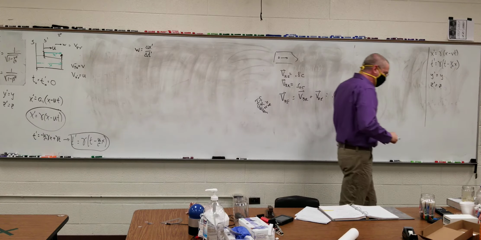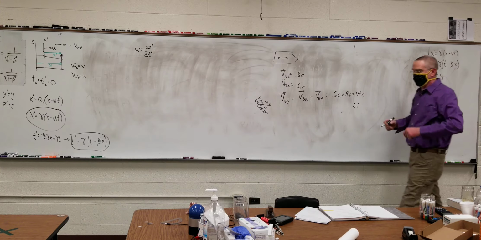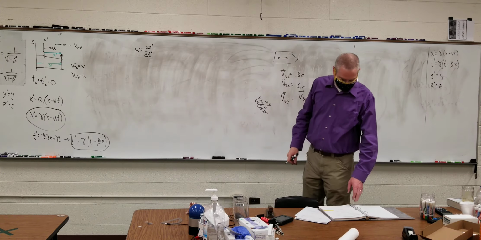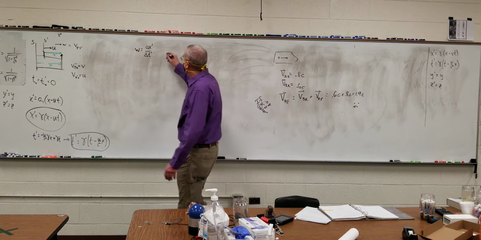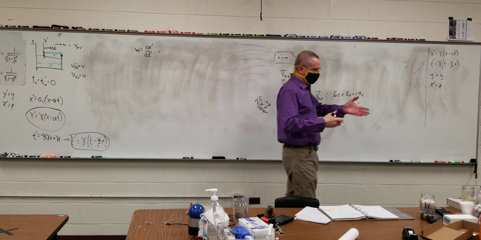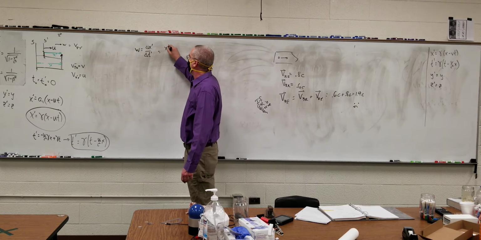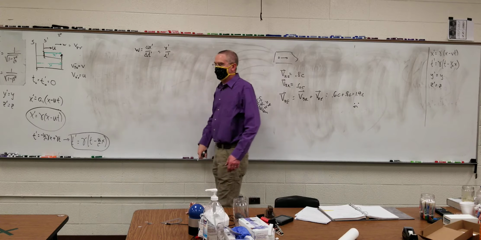So w is how fast the object's going with respect to the prime frame. So it's just the distance in the prime frame divided by the time in the prime frame. If we establish a coordinate system properly, then we can simplify that to x prime over t prime.